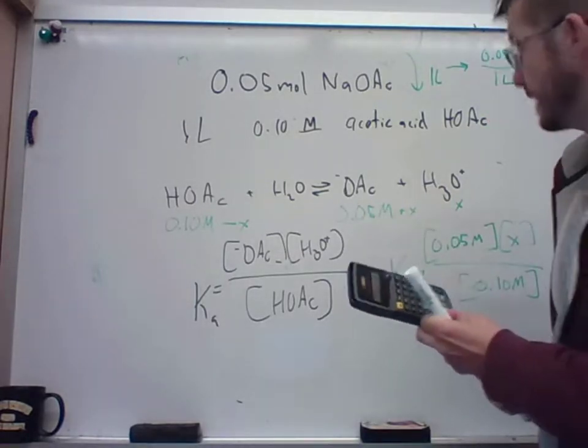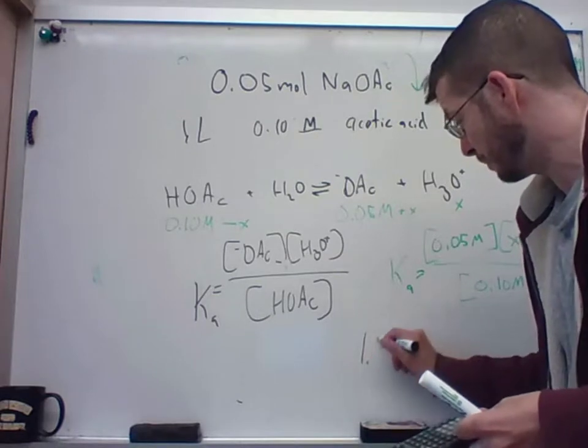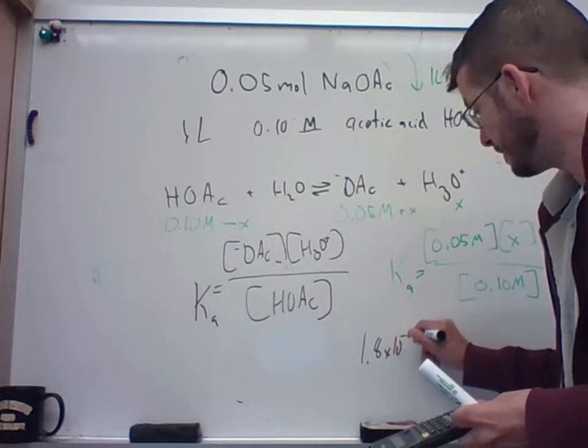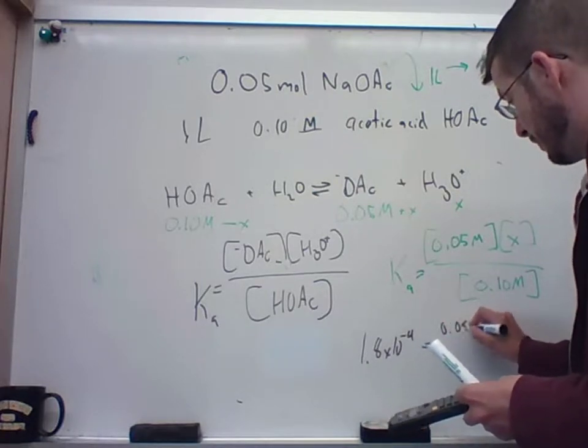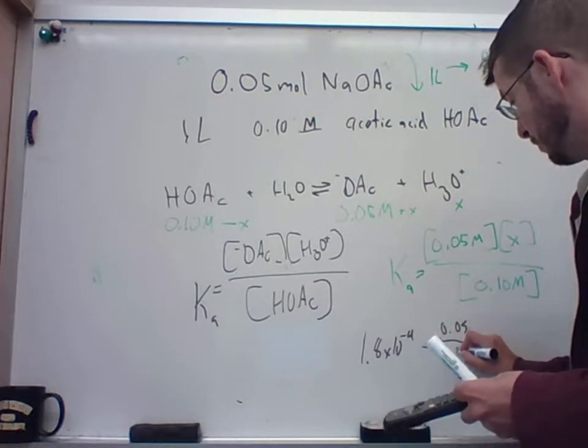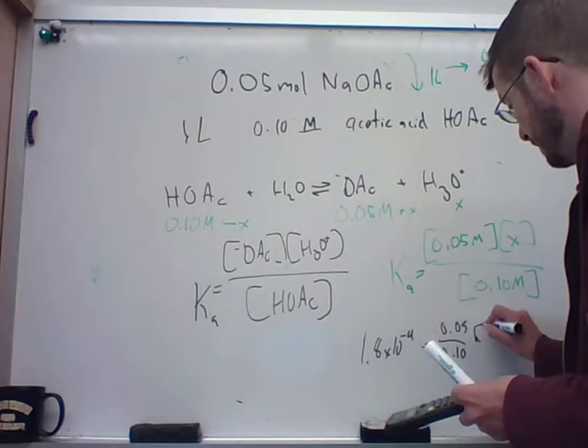Ka we can look up from the table. This is acetic acid, so we know it's 1.8 times 10 to the negative fifth. And then we can plug in the rest of the values, 0.05 divided by 0.10 times x.